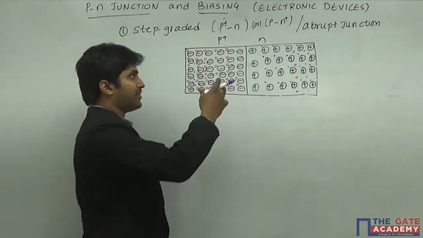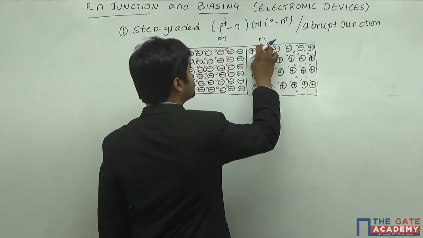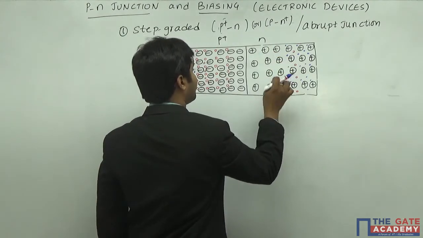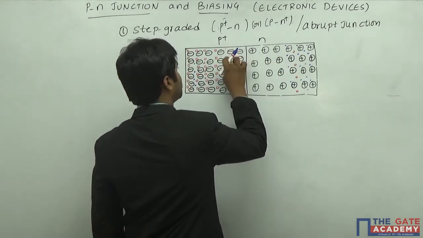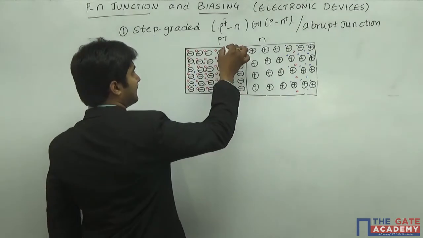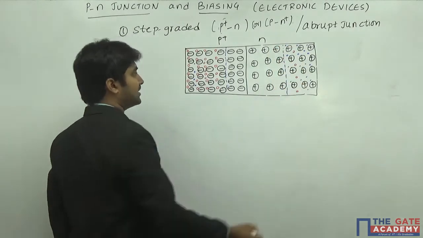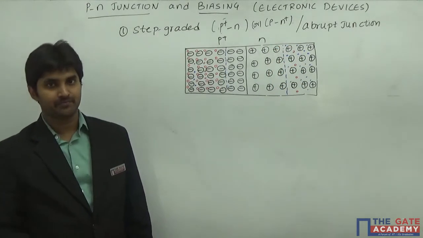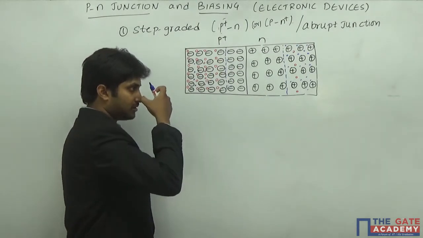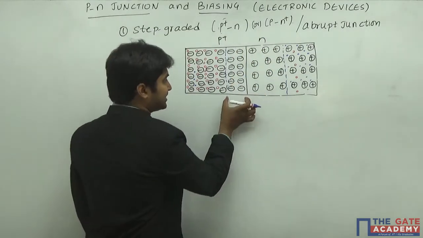Now if we have a weaker field, then more diffusion is going to happen. So let me consider that there is a recombination of 12 electrons and holes. Now let us consider that the electric field is so strong that it stops the process of diffusion. What we can see here is that one region is going to be smaller when compared to the other region in terms of thickness.